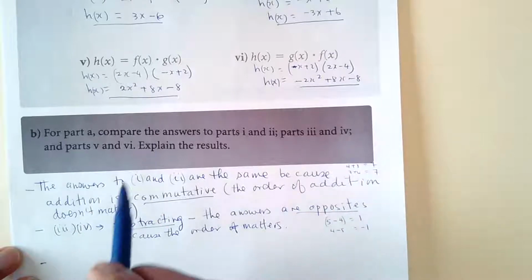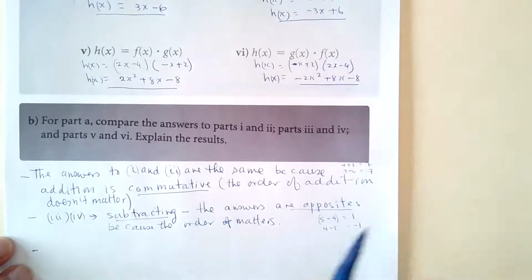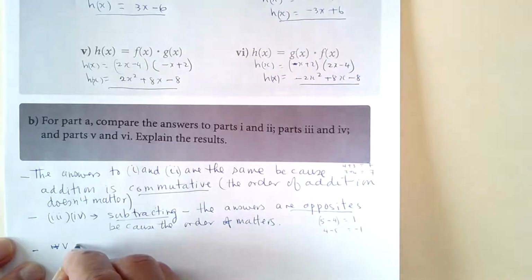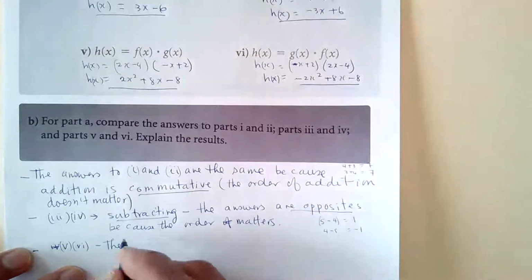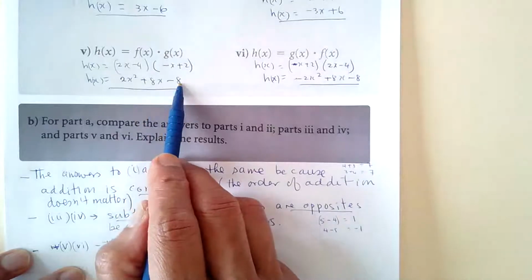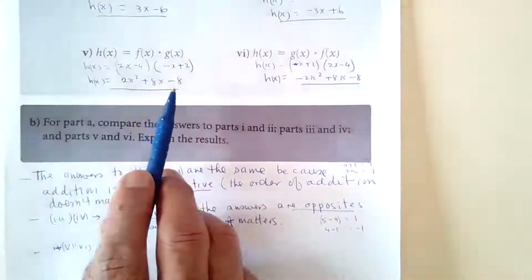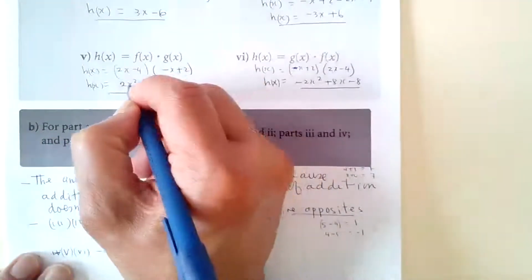And if you look at 5 and 6, the answers are the same. 2x squared plus 8x minus, should be minus here.